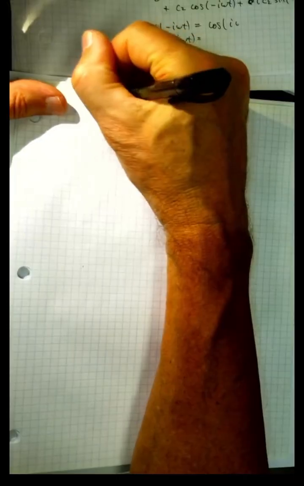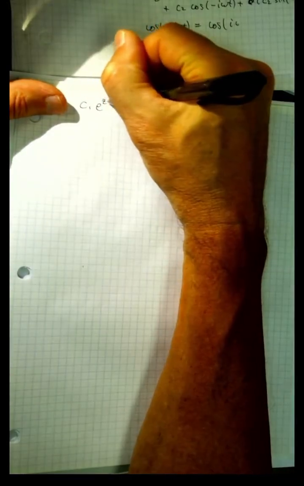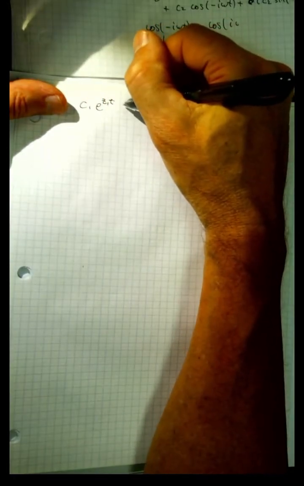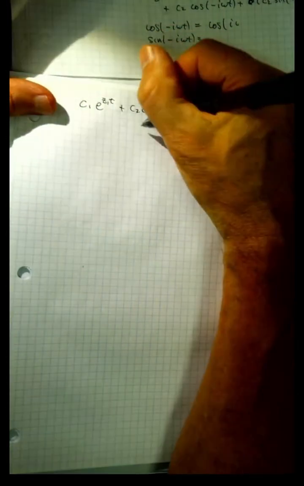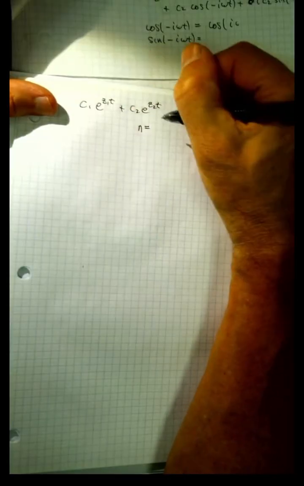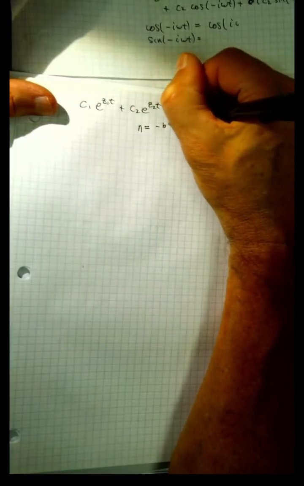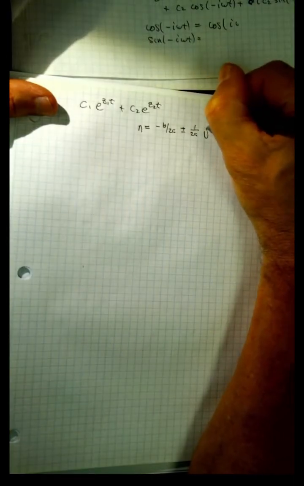All right, so we are looking at solutions now for our differential equations that are going to be in the form c1 e to the z1t plus c2 e to the z2t. We have n is going to be minus b over 2a plus or minus 1 over 2a square root of b squared minus 4ac.